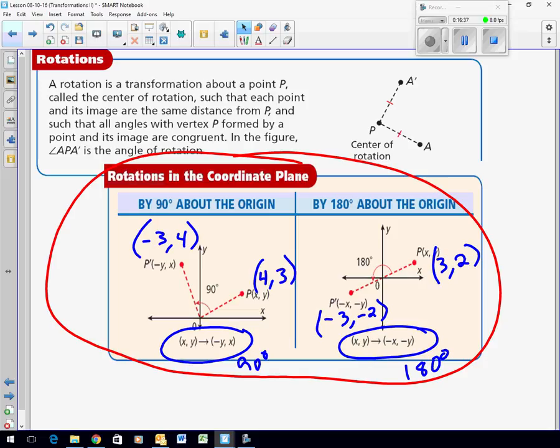The question would be, the length of PQ is or is not congruent to the length of P prime Q prime. It is. Has to be, right? The size doesn't change. The side length of the triangle before the transformation is the exact same after the transformation. Okay? That's the big idea of this whole unit.